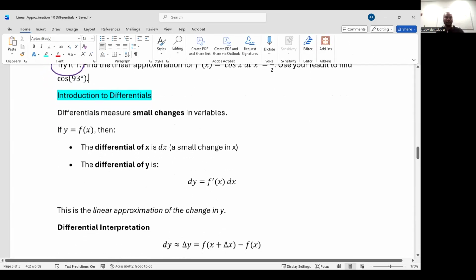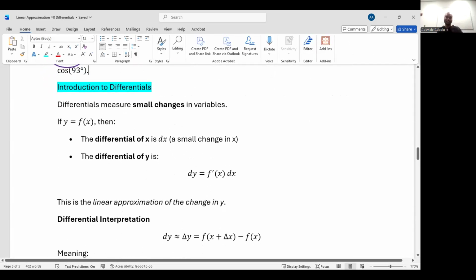All right. Now, introduction to differentials. As we compute, we are getting some errors as we move larger and larger. So there is a change in our y values as we have a small change in x value, right?